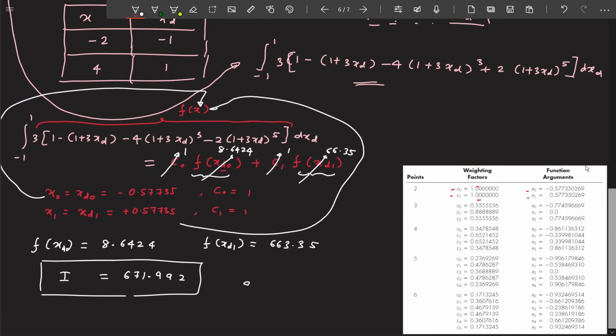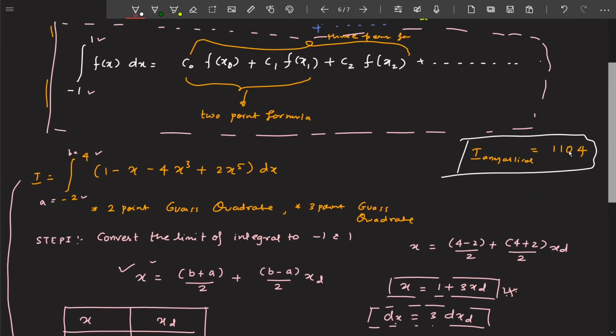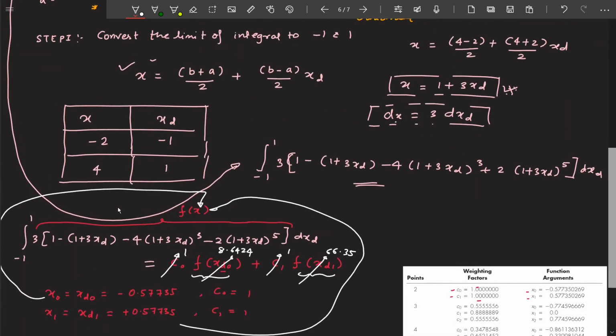If you want, you can calculate the percentage error. It comes out to be 39.13%, which is not good, but still better than the trapezoidal method and Simpson 1/3 rule. So this is how we have to solve it.